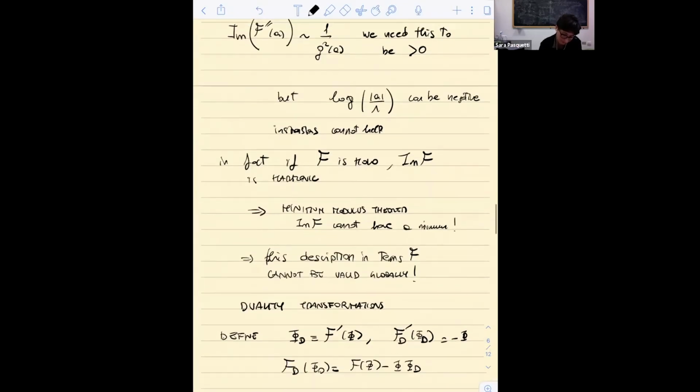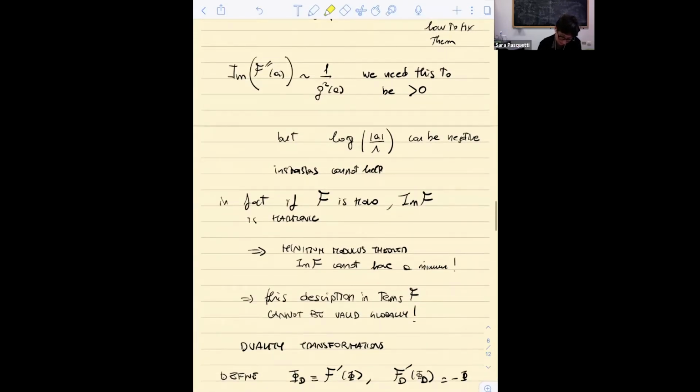Remember, we were stuck with the problem that if I claim that there is a unique description, I run into the problem that the prepotential would predict a coupling which is not positive everywhere. So I had to scale down my expectations a little bit. I cannot claim that I can find a unique description in terms of a unique holomorphic function everywhere in the moduli space. I need to have local descriptions.